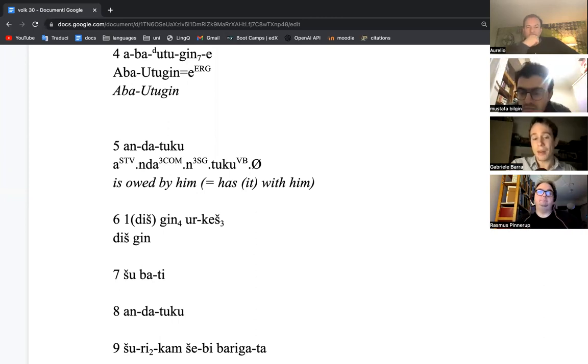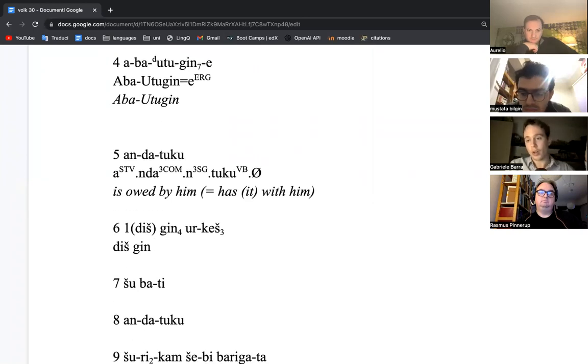So maybe acolyte would be a good translation. Acolyte of, because it's usually Ur and then a divine name or something of that sort. The follower of. But again, that's nothing beyond an educated guess.